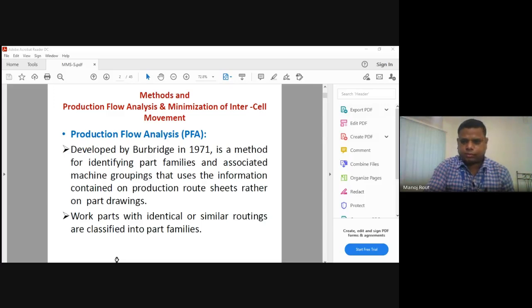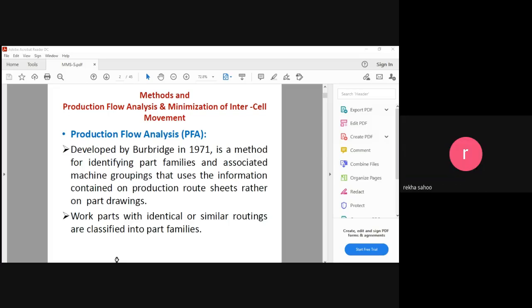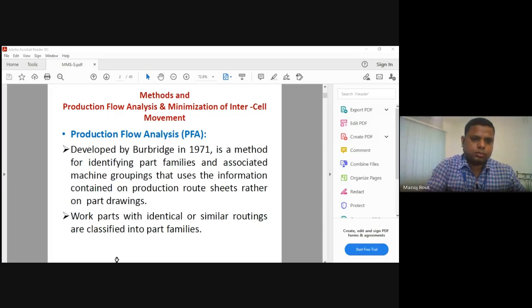Is the PPT visible? Yes, sir, visible. It auto rotates to the first page.